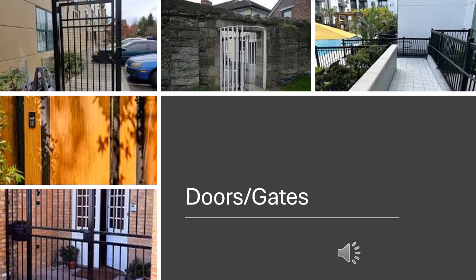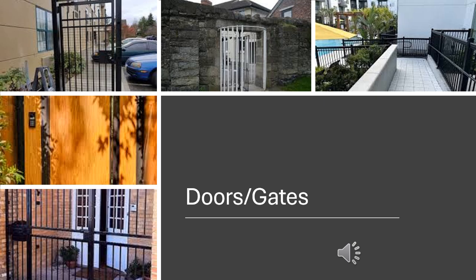So we talked about entrances, we talked about different types of paths and linear walkways and open areas, and we talked about the different types of meeting areas and seating and reception.